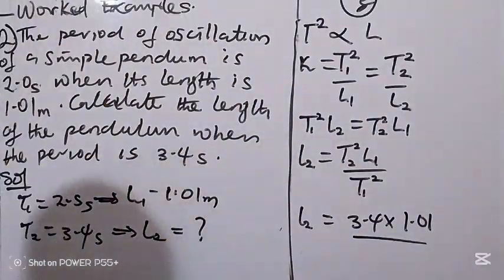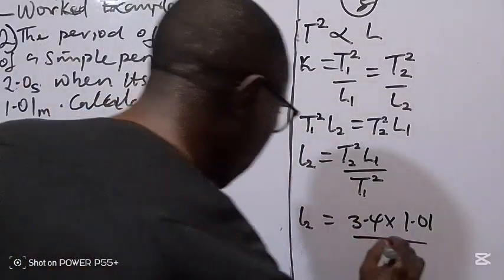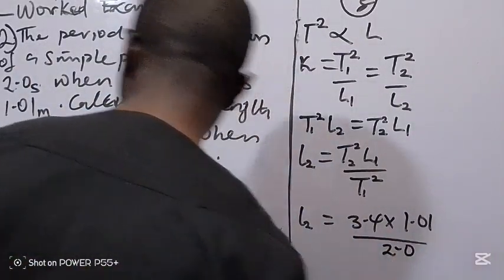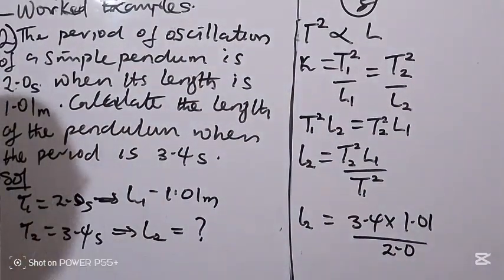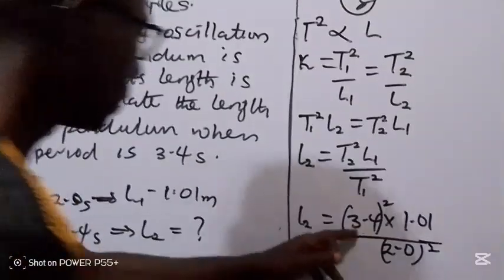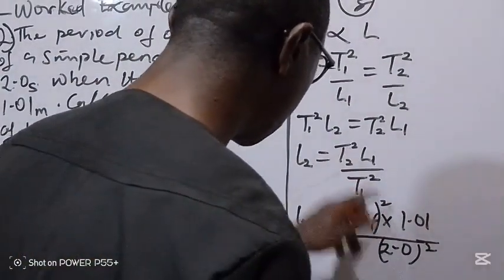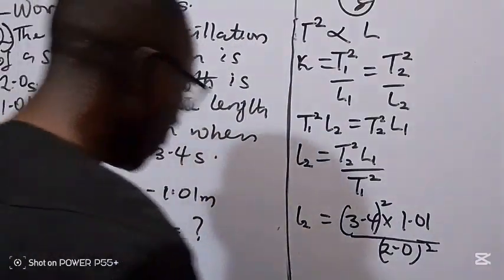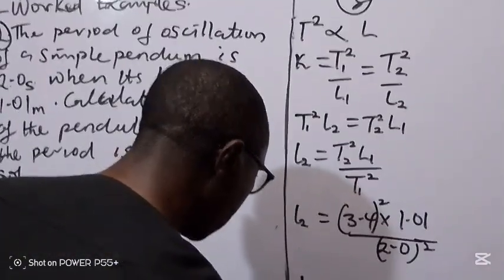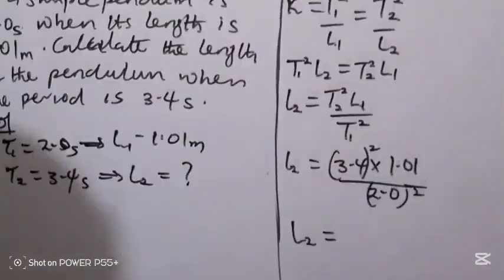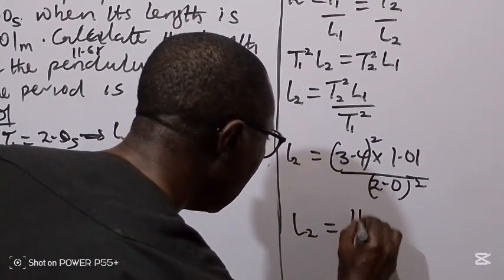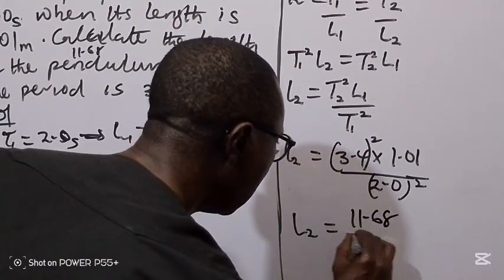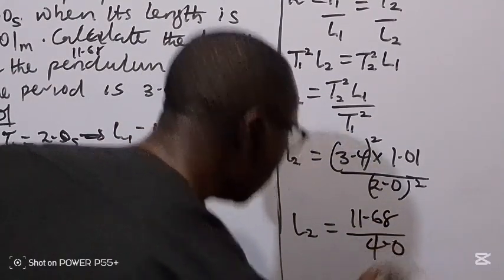So 3.4 square and 2.0 square. So our L2 now is 11.68 divided by 4.0. So finally our L2 is equal to 2.92 meter.